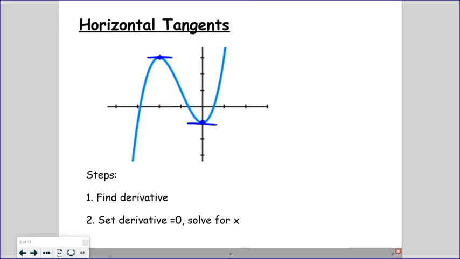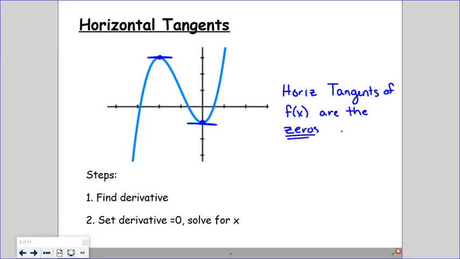You set it equal to 0 and solve for x. So in general, horizontal tangents of our function are the zeros of the derivative.